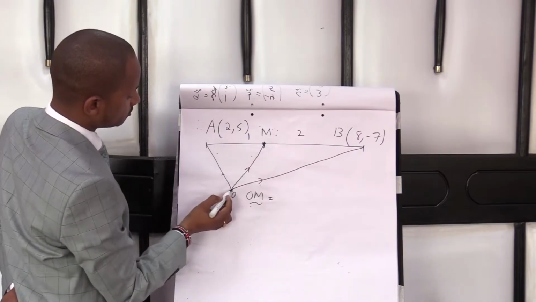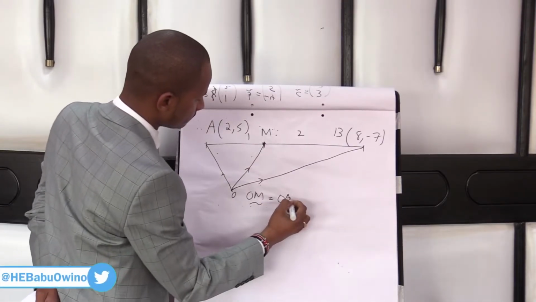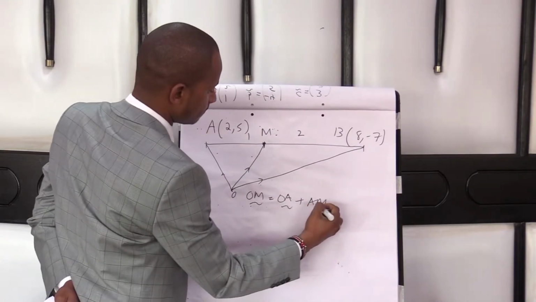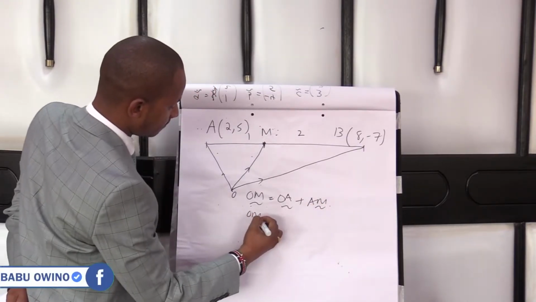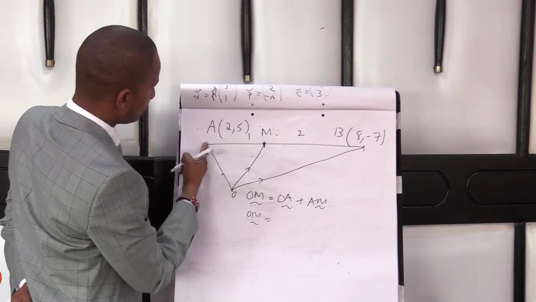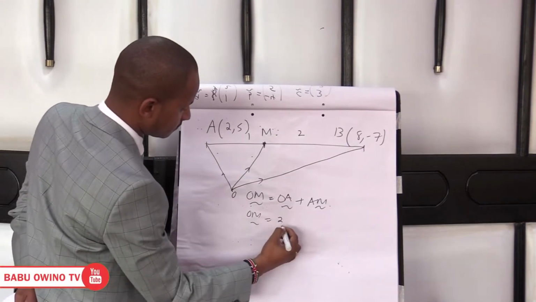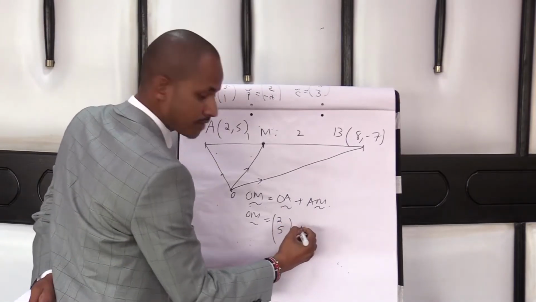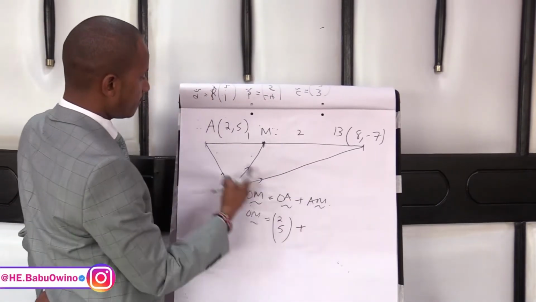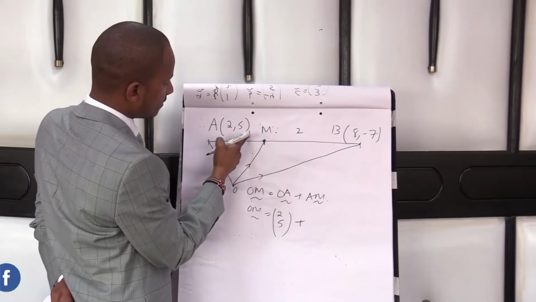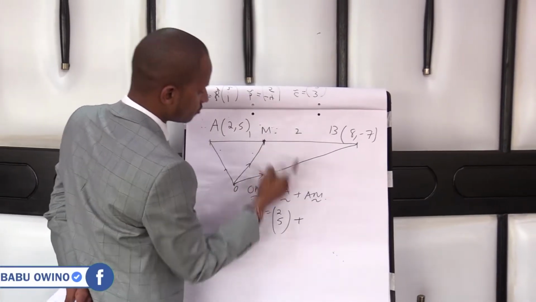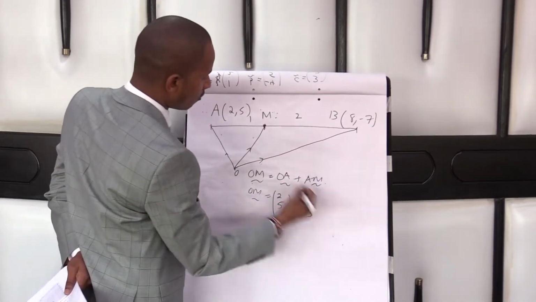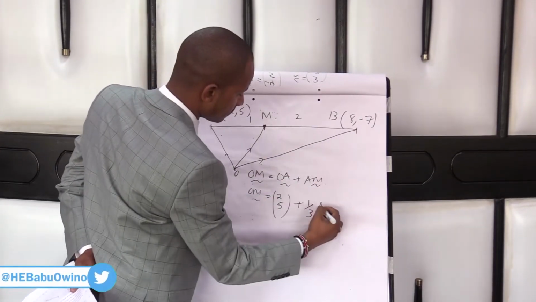O to M is O to A plus A to M. So OM equals to O to A, which is given by 2, 5, plus AM. AM is the ratio 1 over the total ratio, which is 1 over 3. Total ratio is 1 plus 2, which is 3, of AB.